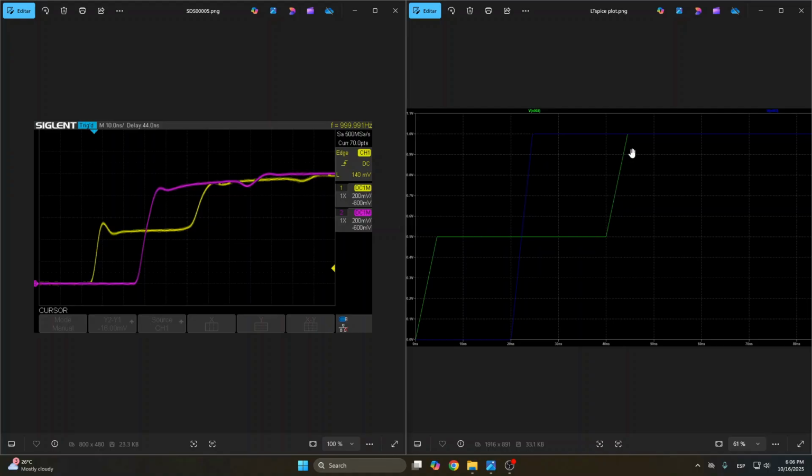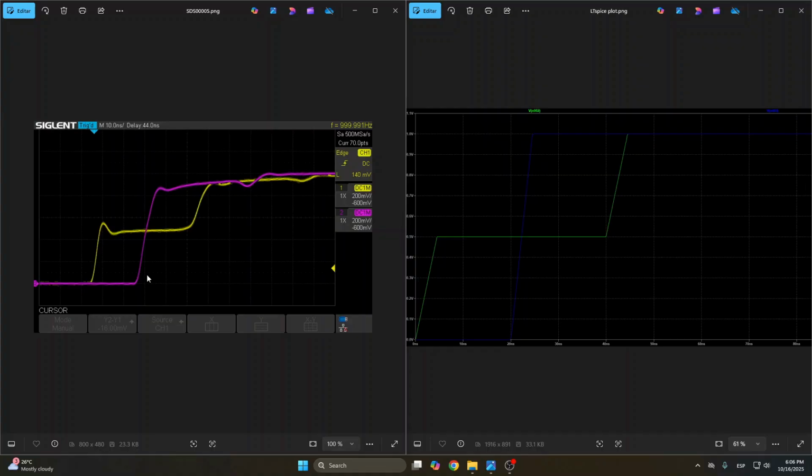Remember, in a simulation, all the components are ideal. They don't have parasitic capacitance, inductance, or anything like that. Everything is a perfect component. In the real world, you are going to observe some artifacts on your signals, but the overall shape of the signal matches what we observed on the simulation.